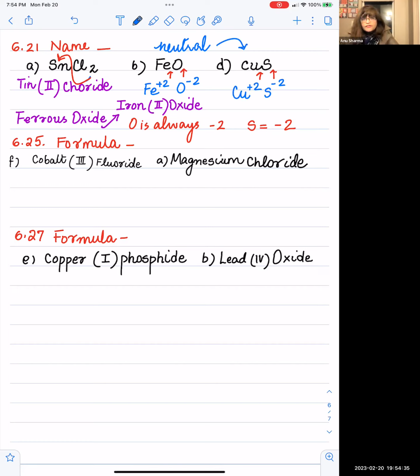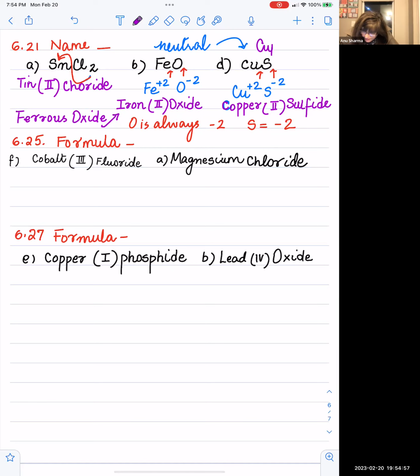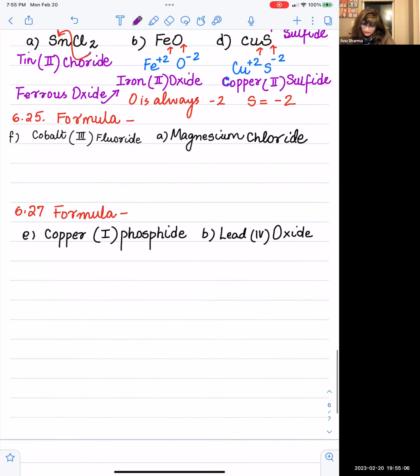So +2 and -2 cancel out, and that's how you get CuS. But what is the name? Let me write this in a different color. This is copper, so copper 2 sulfide. And what is the other name? The other name is cupric sulfide. All right, so that's how the naming occurs.